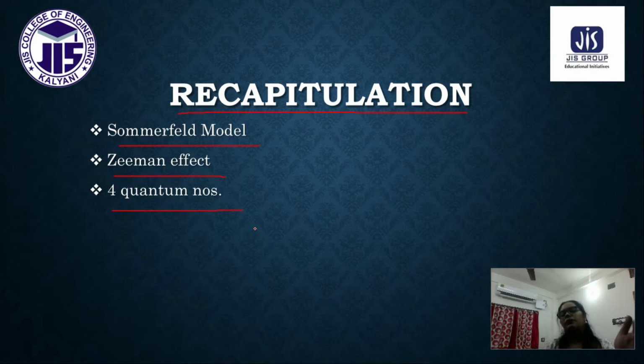If we know the 4 quantum numbers, you can say the electron is in s orbital, the electron is in this principal quantum number, or you can say the electron is in px, py, pz, or dx square minus y square, whatever the accommodation of the electron, that you can know from the quantum numbers.